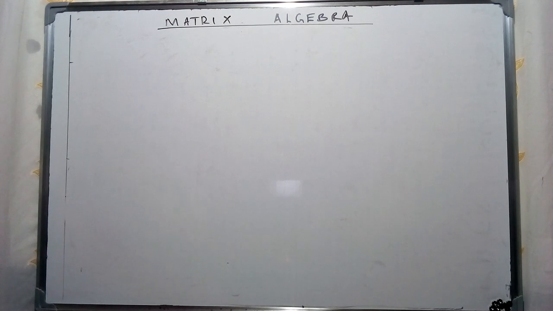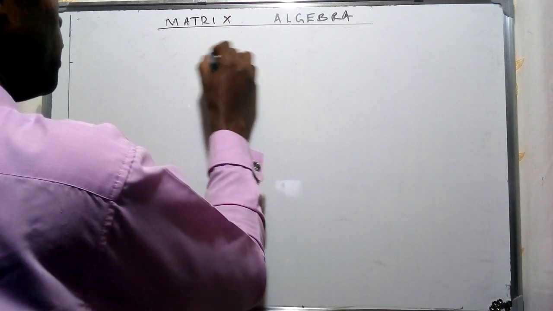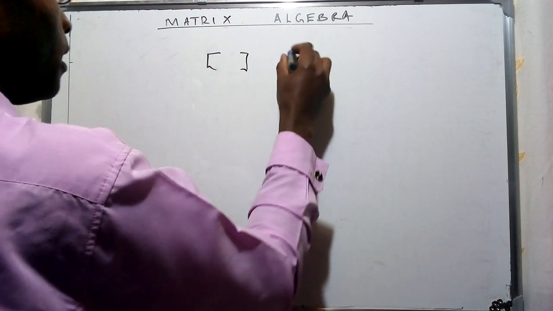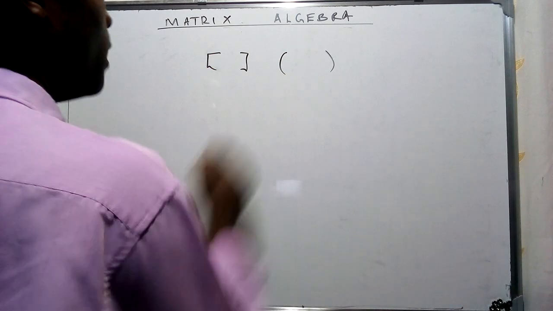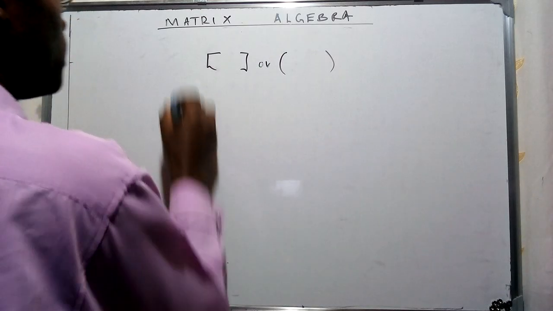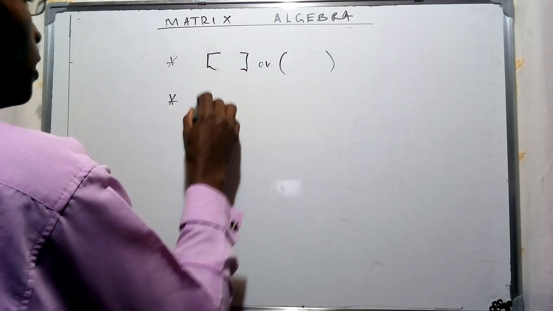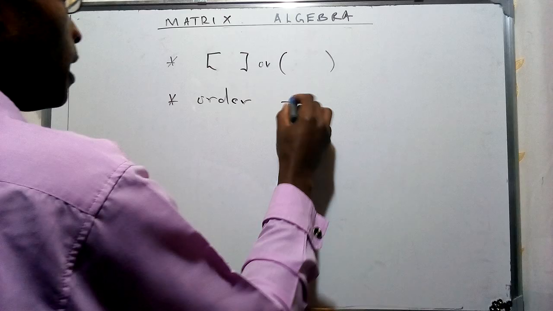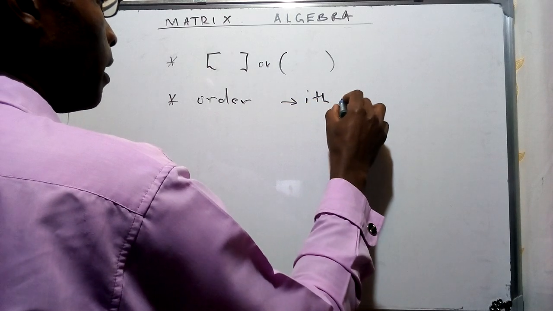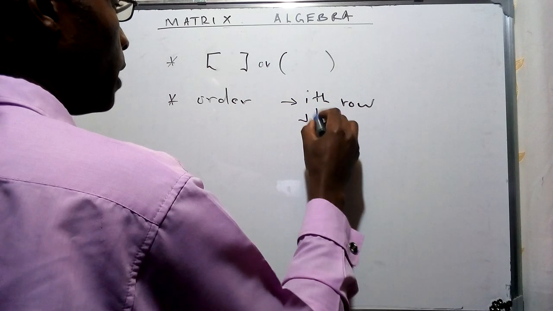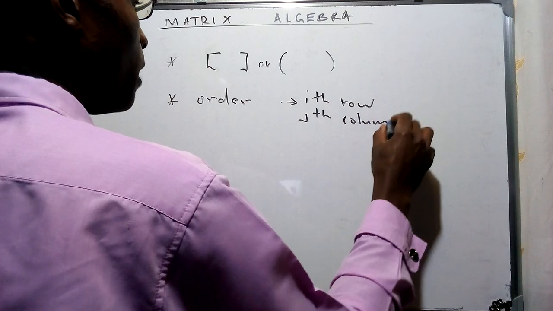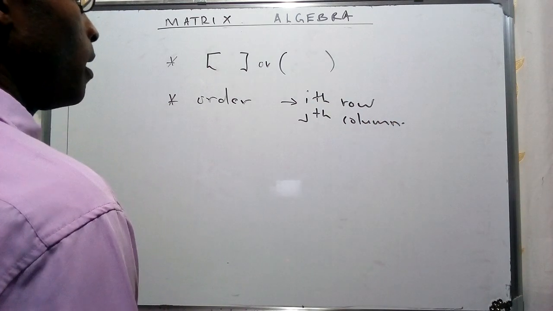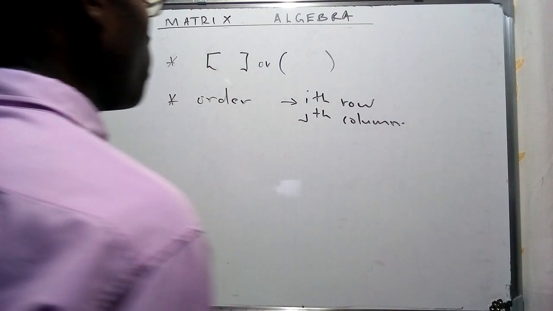In my previous discussion, I had indicated that a matrix is an ordered rectangular array of numbers that are represented using either square brackets or parentheses. And we said that we can have different types of matrices in terms of orders, which we defined using the ith row and the jth column. These form our general way of presenting matrices.